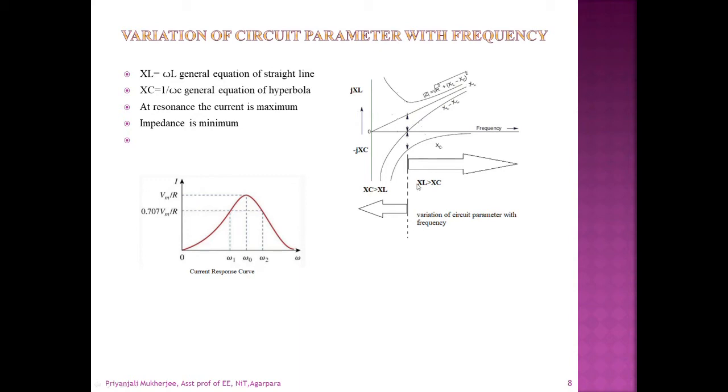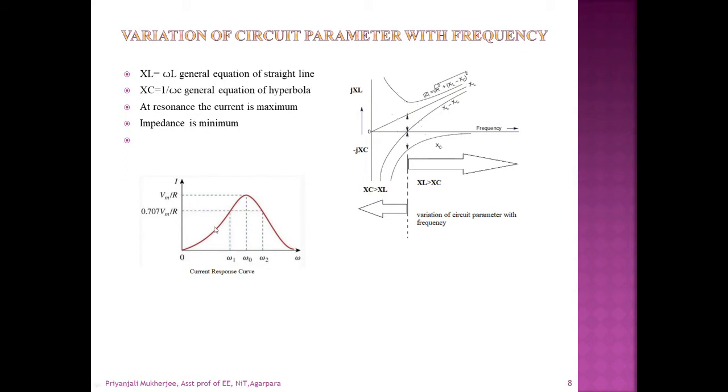So in this area, it acts as a capacitive circuit, whereas above the resonating frequency, the XC value is much less than XL. So XL is greater than XC, and above this frequency it acts as an inductive circuit, whereas at resonance it is acting as a purely resistive circuit.